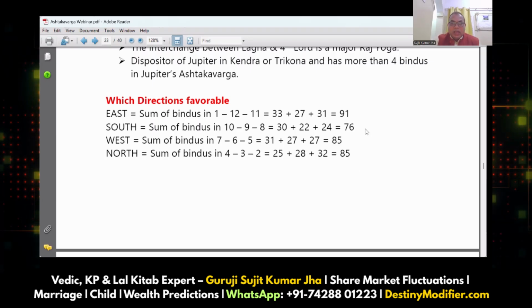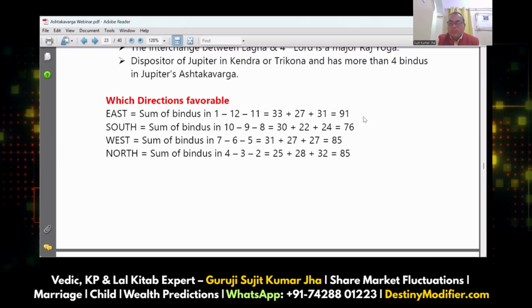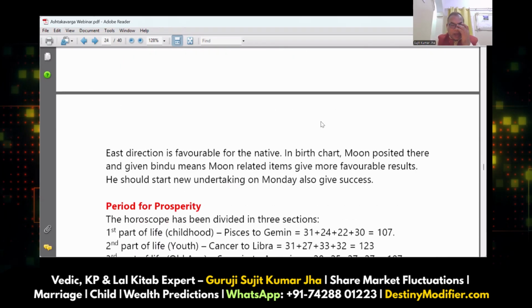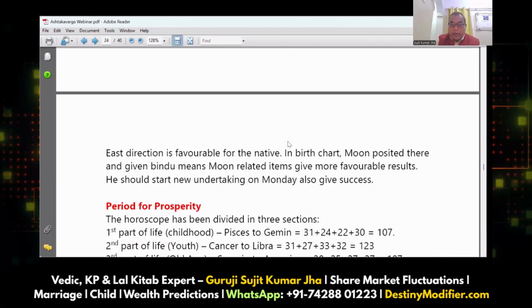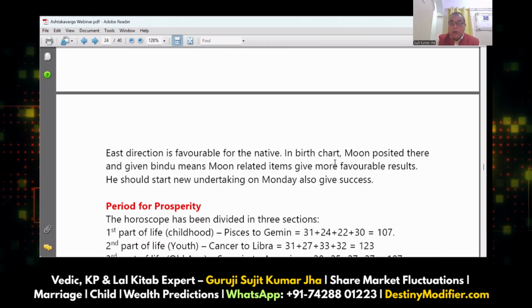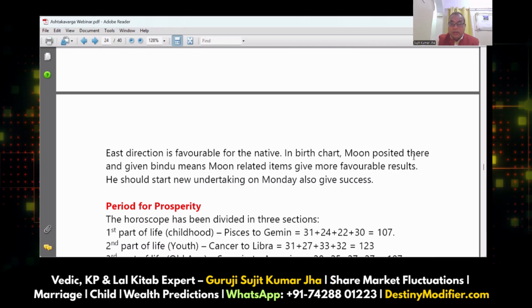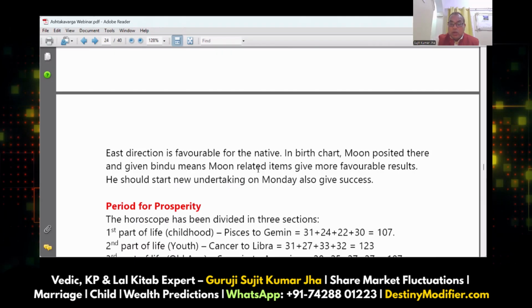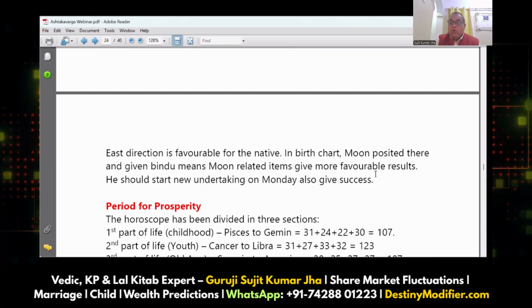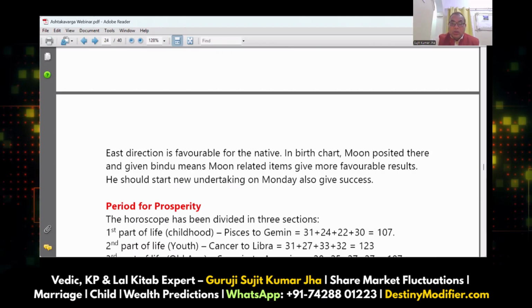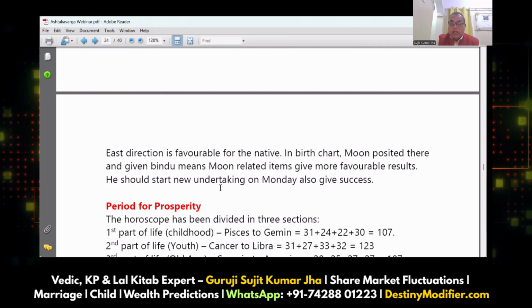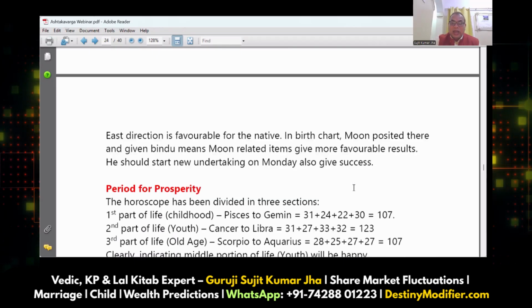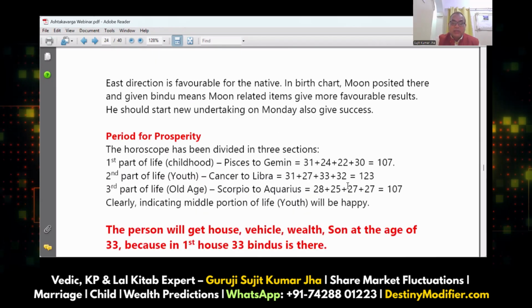So we can see that east direction has the maximum points. It means east direction is favorable for the native. In the birth chart, the Moon is posited there and has given bindu, so Moon-related items give more favorable results. He should start a new undertaking on Monday and will get success. Like that, we can give the prediction.